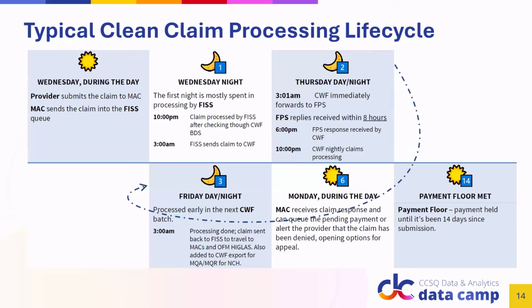On Friday, by 3 a.m., processing is done. The claim is sent back to the Fiscal Intermediary Shared System to travel to MACs and to financial systems such as Highglass, and also added to the CWF extract for MQA, MQR, and national claims history.